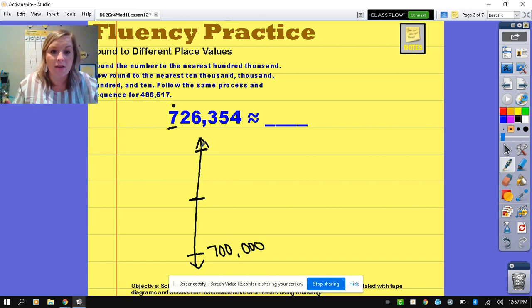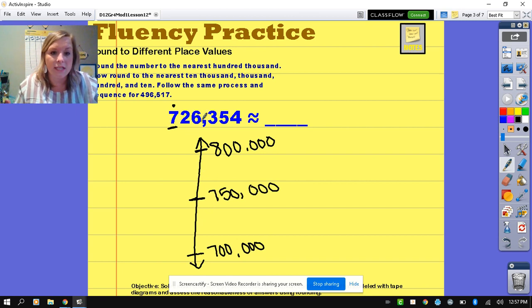Well, the next 100,000 up would be 800,000. That means our midway point is going to be 750,000. So now we have to decide, does this 726,354 fall below our midway point or above our midway point?